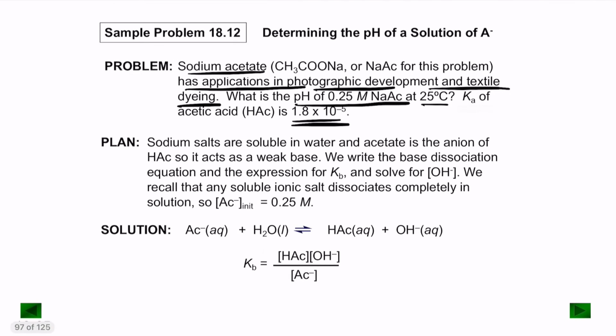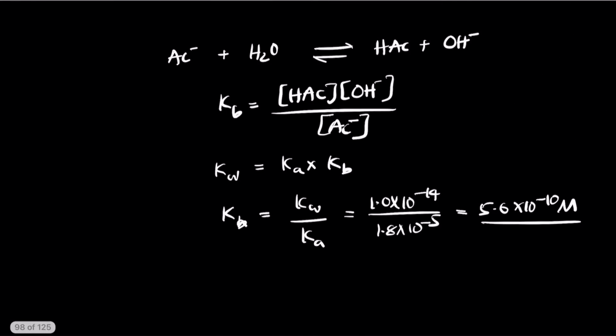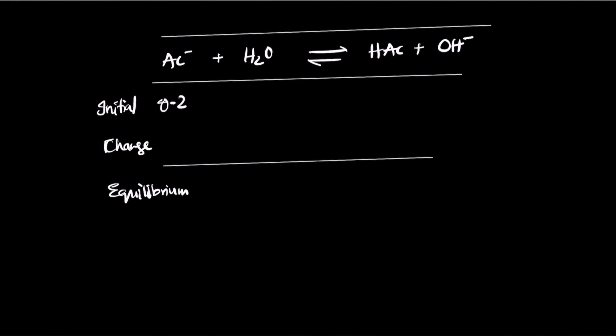The initial concentration is given as 0.25 M. So we write 0.25, and this is dash, 0 and 0. The change is negative x, so this becomes plus x and plus x. So this becomes 0.25 minus x, x and x. This becomes nearly equal to 0.25 because x is negligible.